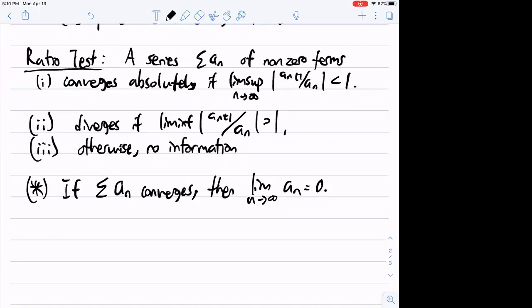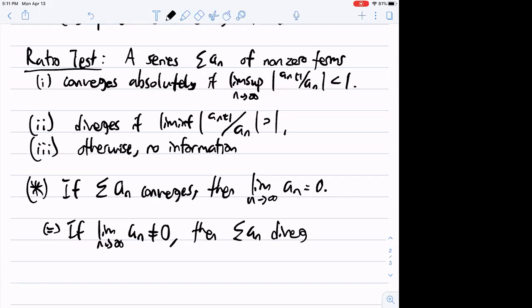So, the contrapositive: equivalently, if the limit as n goes to infinity of a_n is not 0, then the sum of a_n diverges. So in order to converge, the terms have to go to 0. But it need not be the case that if your terms do go to 0, you converge; you could still diverge. It's just that if your terms don't go to 0, you immediately diverge.